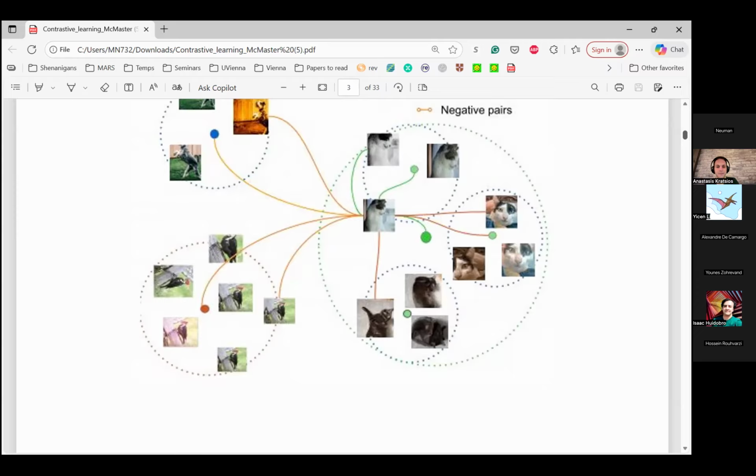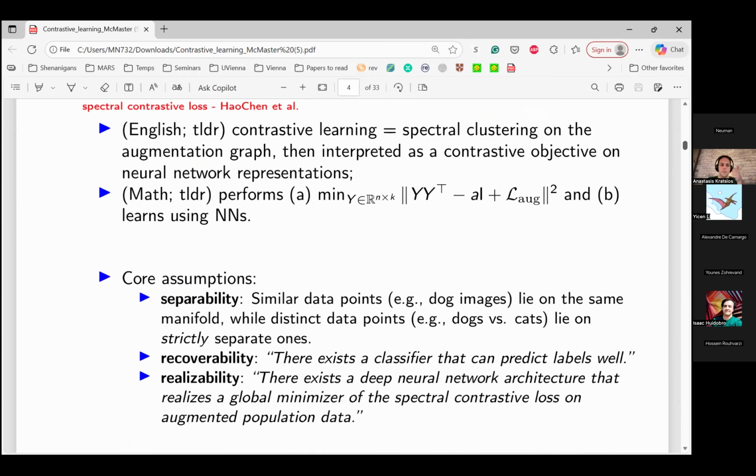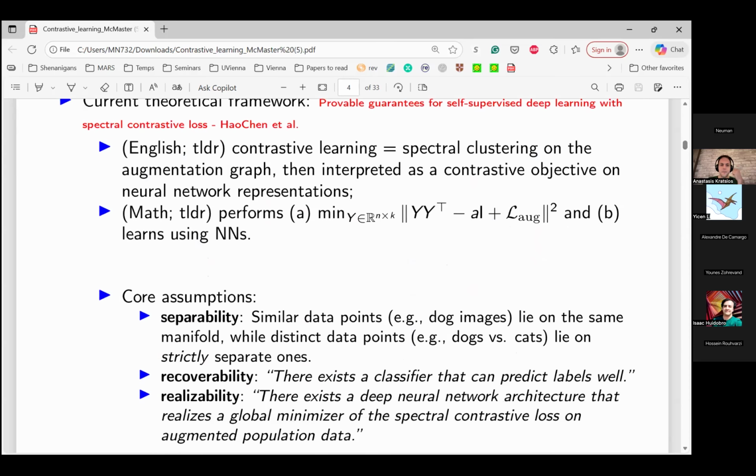And because now you have the augmentation graph, you certainly can talk about the augmentation graph Laplacian. You can put the graph Laplacian structure on that. Does it make sense? Because you have n points in the augmented set, this graph has n nodes, so the graph Laplacian on the graph will be an n by n matrix.